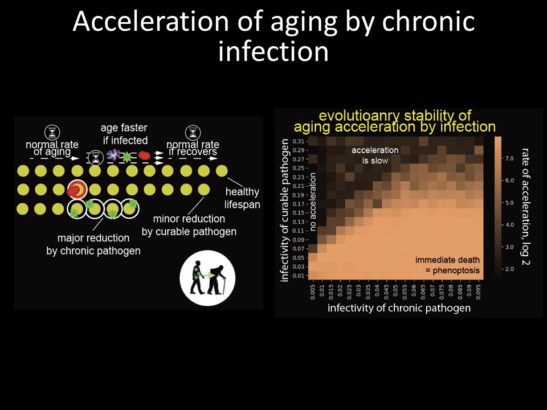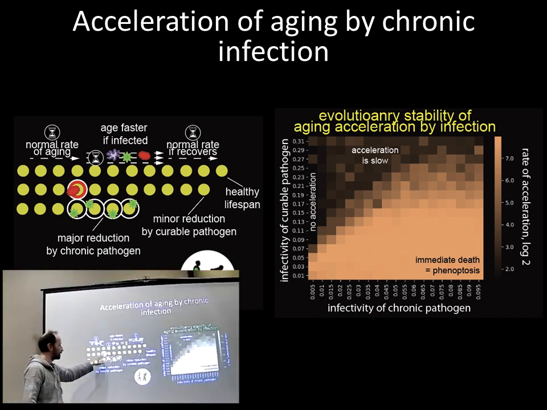If a curable disease hits the individual, then the lifespan will be shortened very insignificantly. But if the disease is chronic, then lifespan shortening is dramatic. And this is the basis of this sensing and discrimination between chronic and curable.